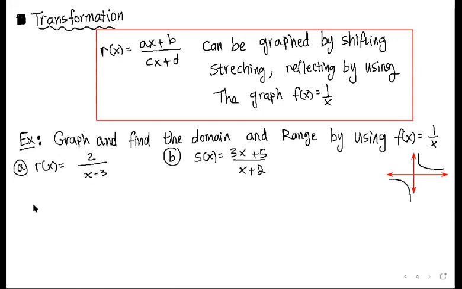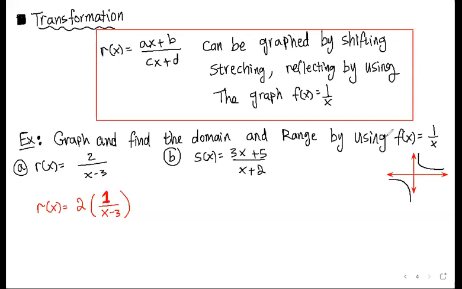So to factor this one, I get r of x equal 2 times 1 over x minus 3. The goal is to make the numerator here equal 1. This is the important thing.